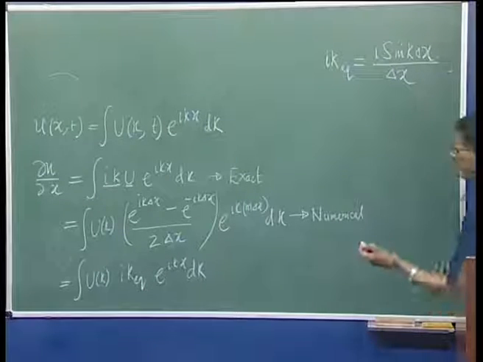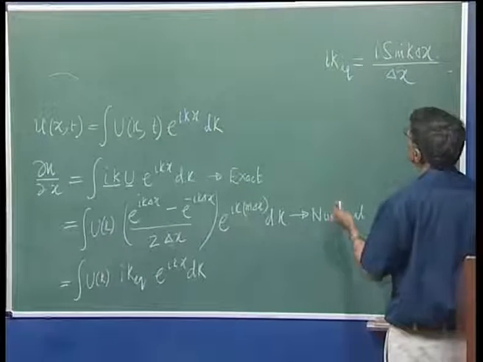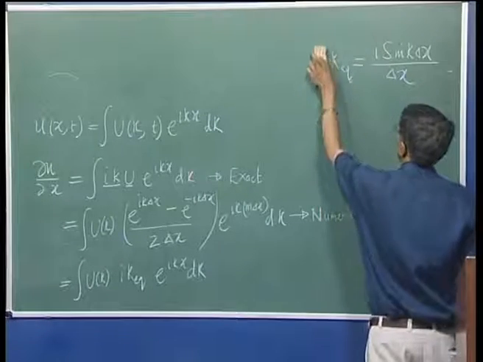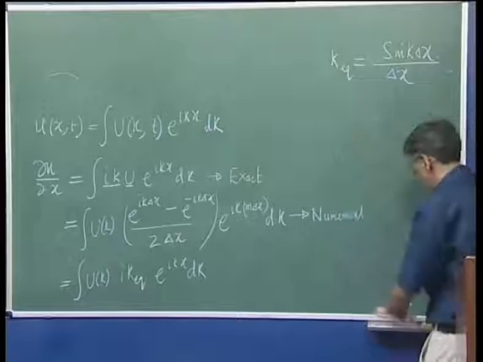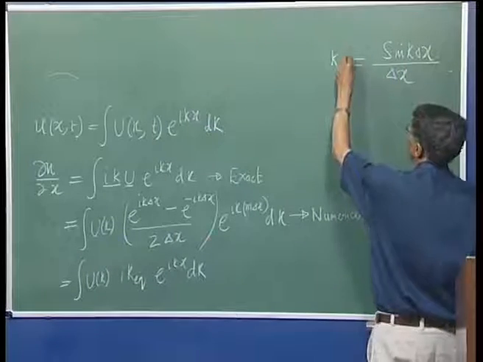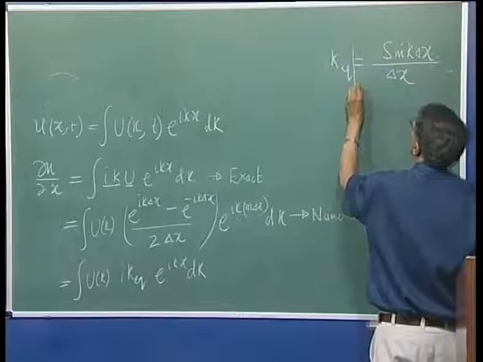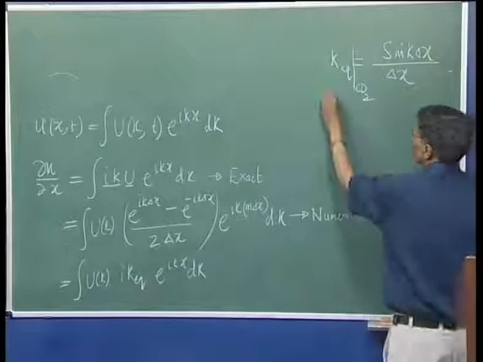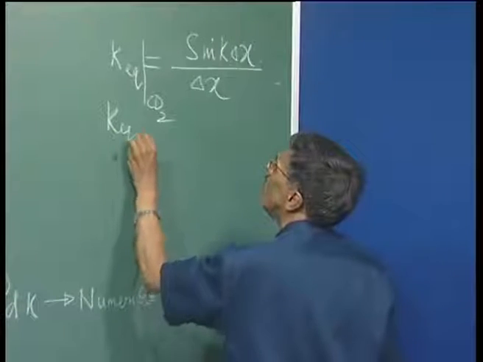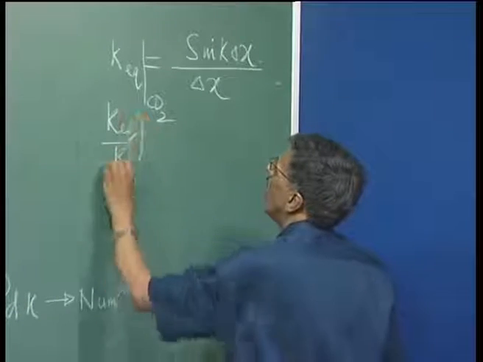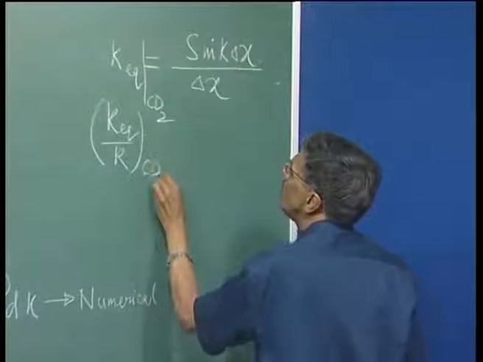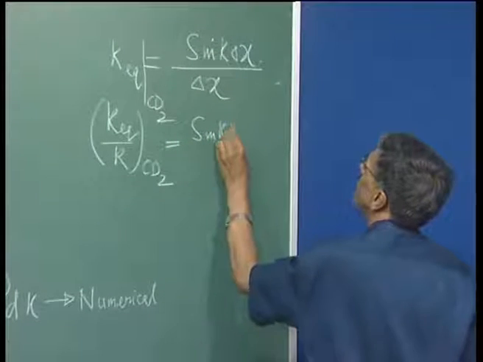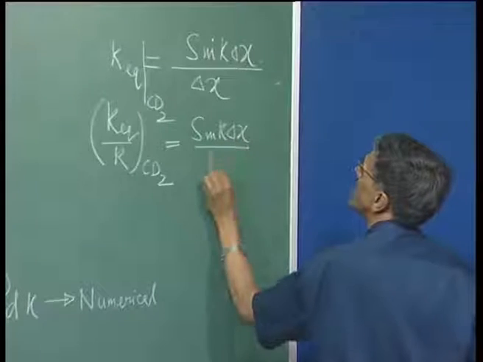Okay. So, of course, you can get rid of this, and then this is an expression that we have derived for the CD 2 scheme, right. So, what we are going to write here as k equivalent by k for the CD 2 scheme is going to be sin k delta x by k delta x.